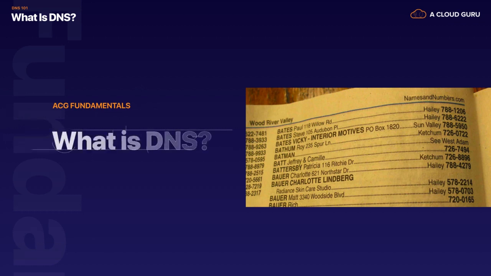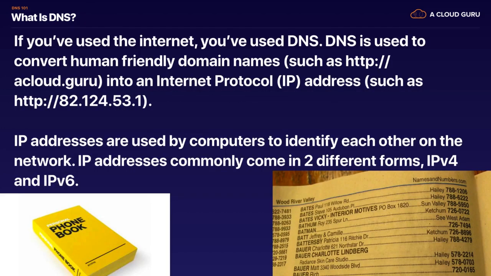What is DNS? I want you to think of a phone book, and that's the easiest way to remember what DNS is. I know we don't really have phone books anymore, but hopefully you can still remember them, or maybe I'm just getting old. If you've used the internet, you've used DNS. DNS is used to convert human-friendly domain names, such as acloud.guru, into an IPv4 or IPv6 address, such as 82.124.53.1.